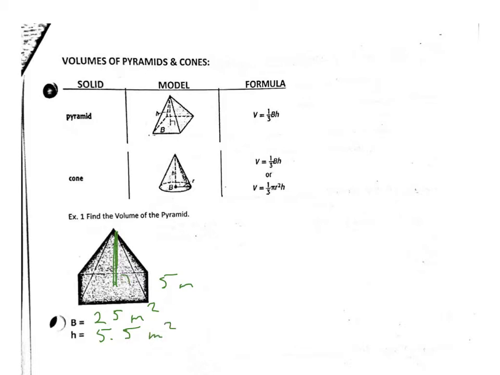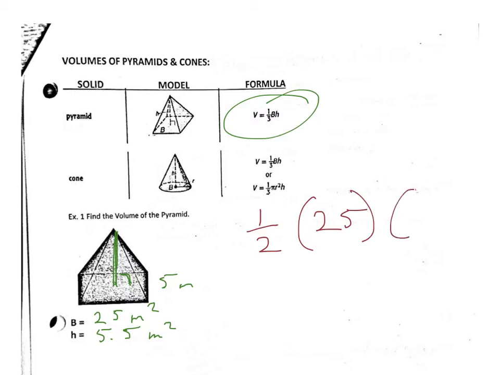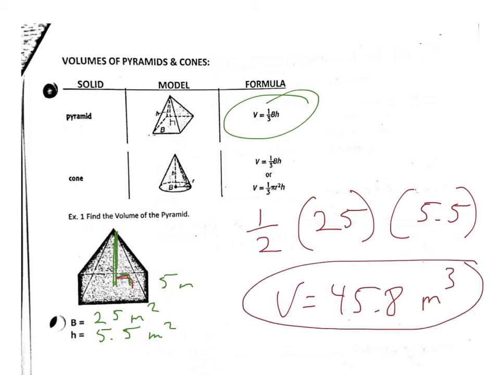So we have to plug that into our volume formula, which is 1/3 times the area of the base, which we said was 25. 5 times 5 is 25. Times the height, which we went with 5.5. Again, I just made that up. There's no calculation to figure that out. When we multiply that, we end up with a volume of 45 8/10 cubic meters. Cubic because we're talking volume.